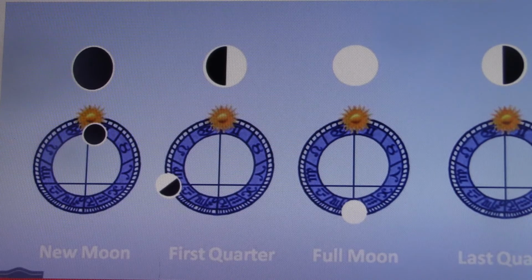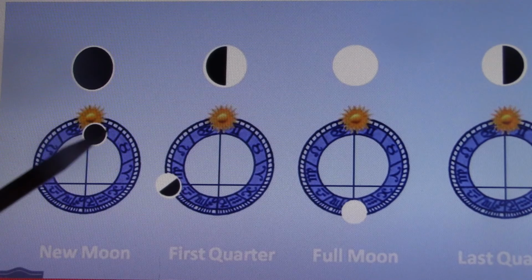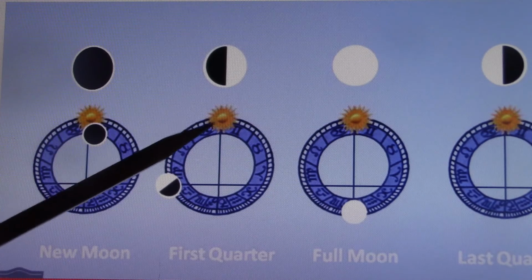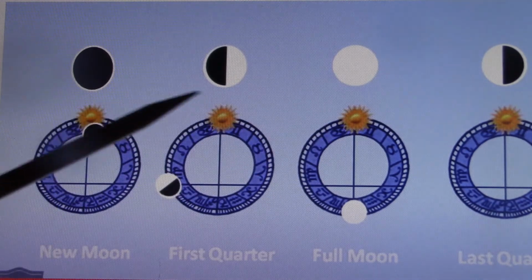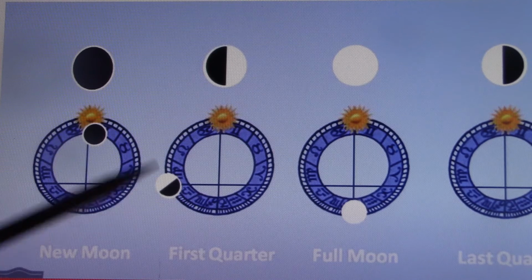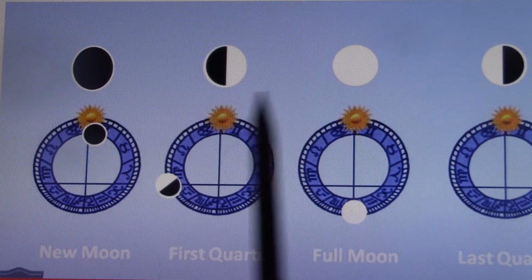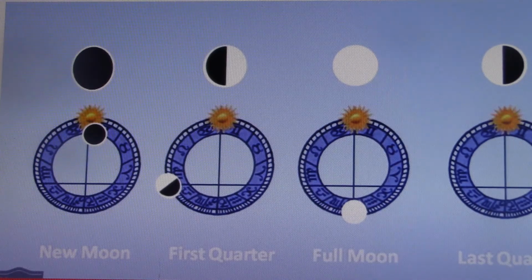So here are some examples of how the astronomical calendars work. Here are our symbols for our constellations. And here are some symbolisms for the sun. They're actually dials on the real clock. And here, these represent the moons and the different stages of the moon as it rotates around the Earth. So now we have the new, first, full, and last quarter of the moon.